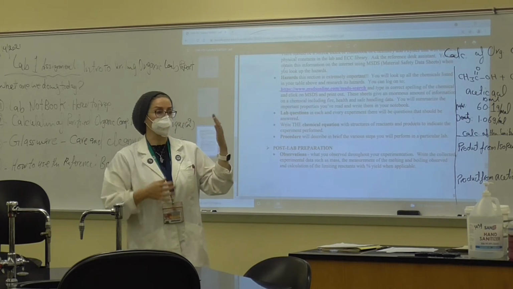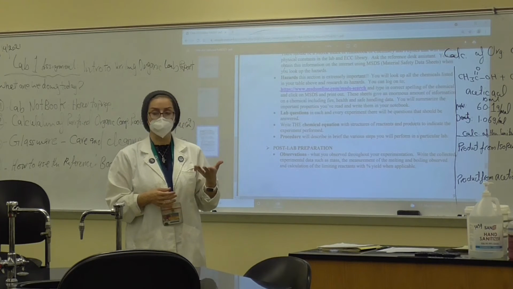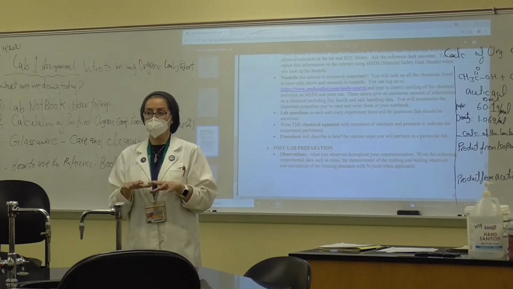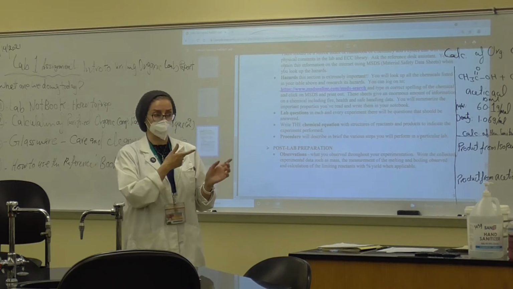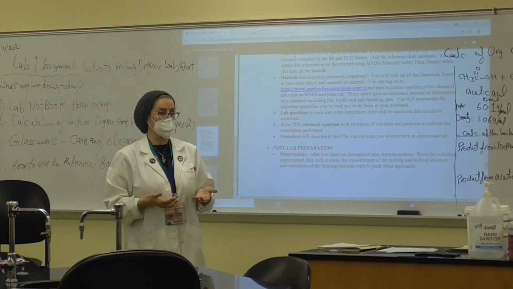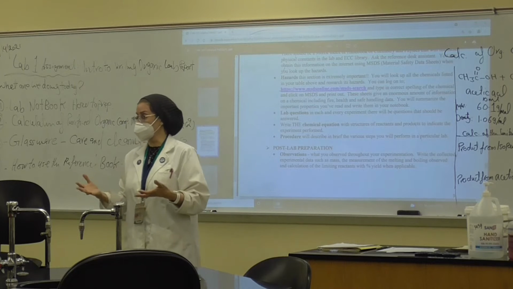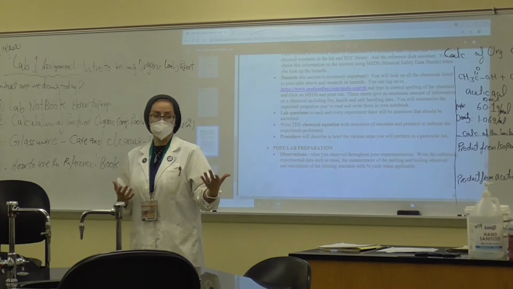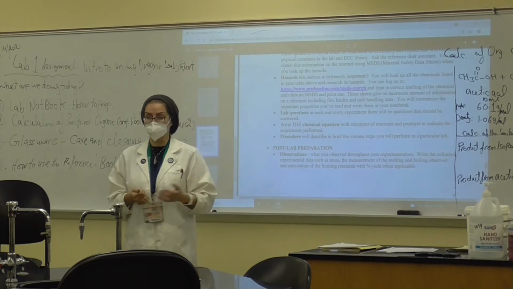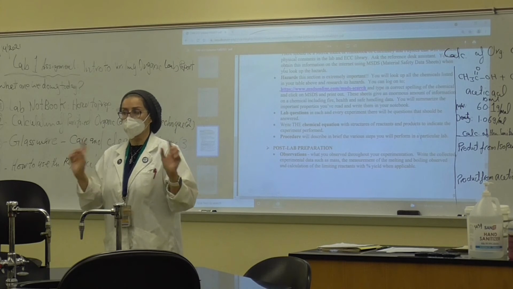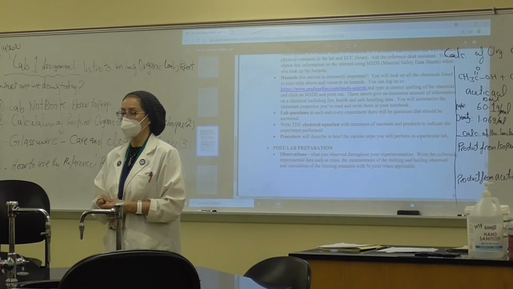When you are going to present or submit your lab report, you can take a picture or scan it and then upload it to Moodle, so I will be able to grade it, okay? So this is how we are going to proceed with this class. Do you have any questions for me?